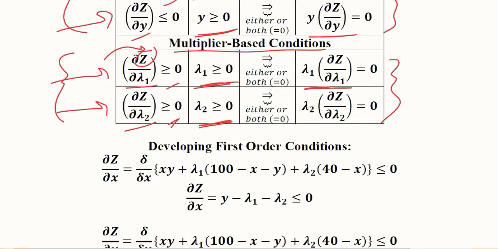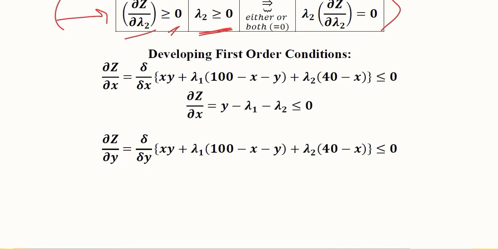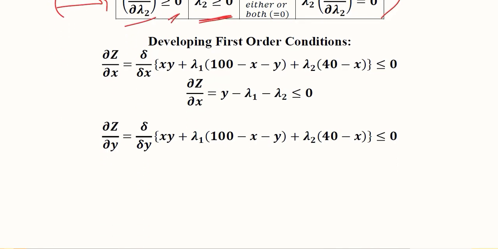Now developing the first order conditions, we have the same function, that is the Lagrangian function, which had this objective function and then the product of the first constraint with the first multiplier and then the product of the second constraint with the second multiplier. So as per the condition, this should be less than or equal to 0.